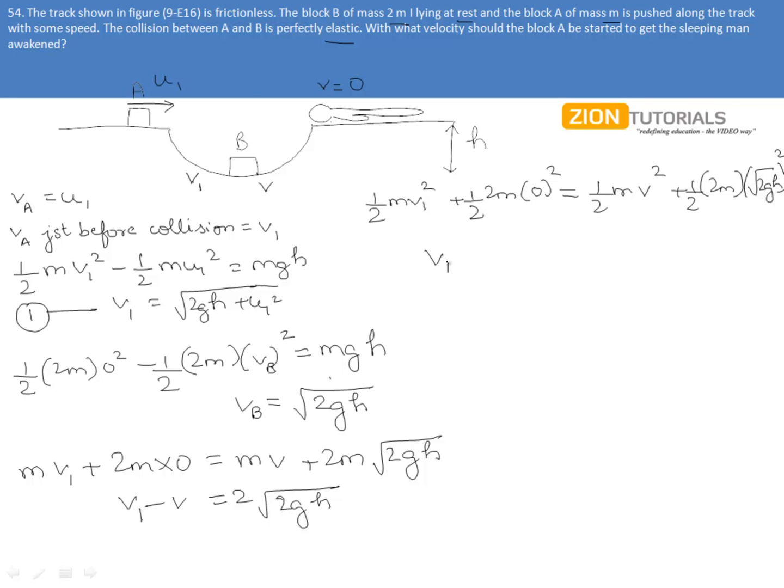So this gives me the equation v1 square minus v square to be twice under root 2gh under root 2gh.